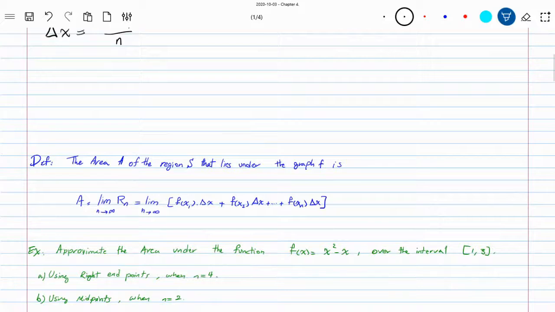Okay, so how do we approximate an area? The area of a region S that lies under a graph f would be approximated by, so here Rn in this case is called the Riemann sum. The Riemann sum means use the sample points x1, x2 up to xn.